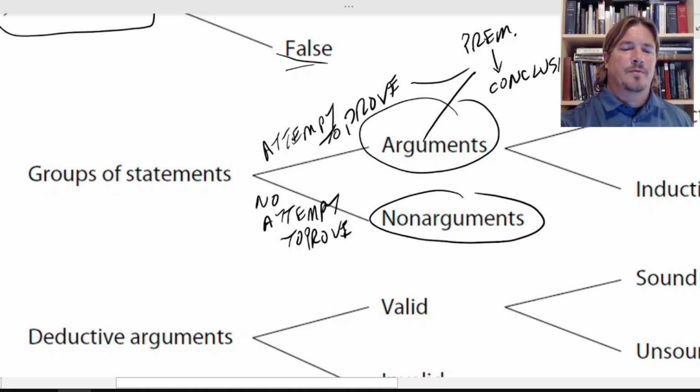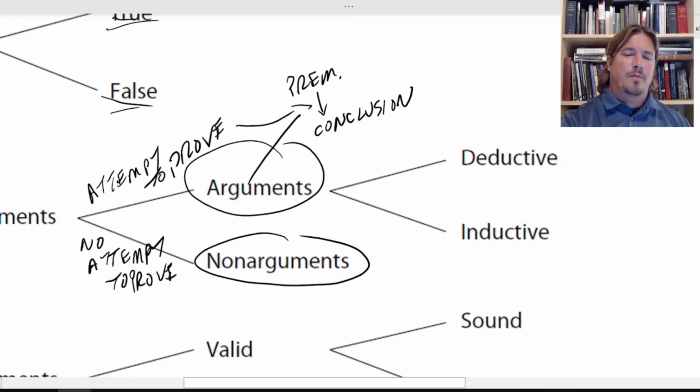And this attempt to prove is that which occurs in that rational inference. Okay. So in the last section in 1.2, you were given some ideas about how to distinguish between arguments and non-arguments. And then Hurley gave you some different types of non-arguments that you were supposed to go over. Okay. In this section, 1.3, we're going to look at different types of arguments.